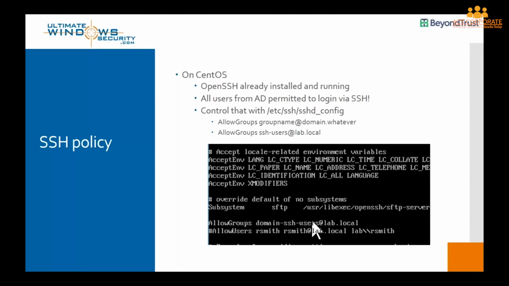Don't assume that group nesting will work. That usually doesn't, is the best way I can put it, depending upon your version and implementation of SSSD. So, for instance, we couldn't just take domain admins and put it in the domain SSH users group and then depend on Randy being a member of domain admins, which in turn is a member of domain SSH users.